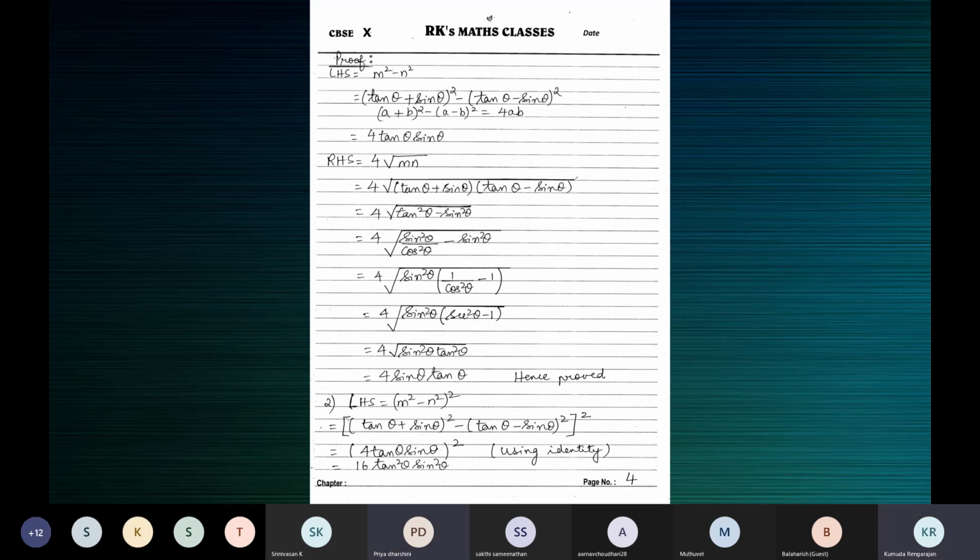What is 1 minus cos square theta? Sin square theta, by cos square theta. And what is sin square theta by cos square theta? Tan square theta. Okay, fine.